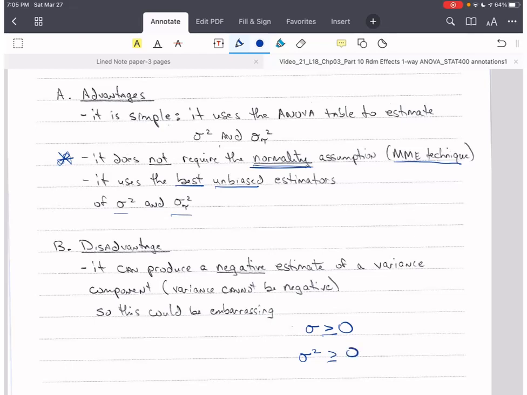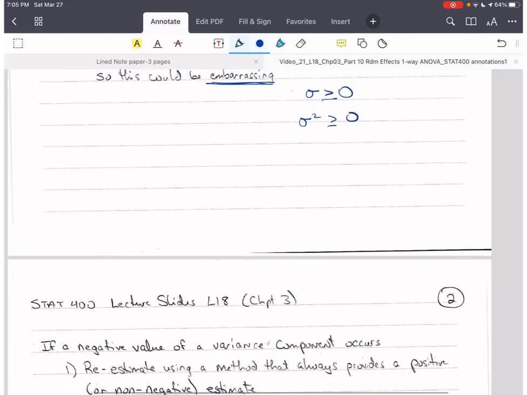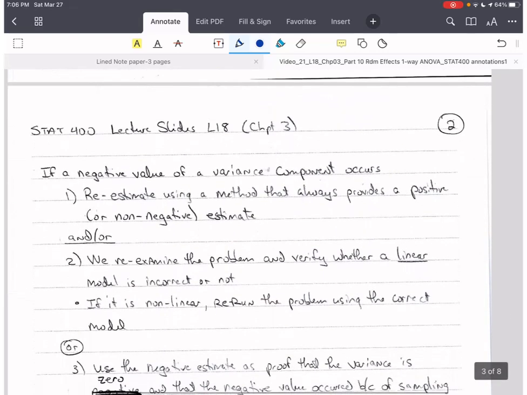So this could be very embarrassing. You need to be on the lookout for this and make sure that you don't report a negative variance to your peers, because they will point out that that is not possible. And if they don't understand this method, they may say you've made a mistake, when in fact you may not have.